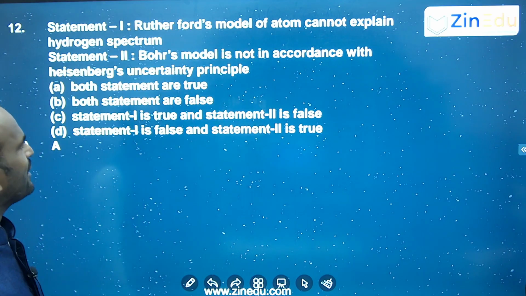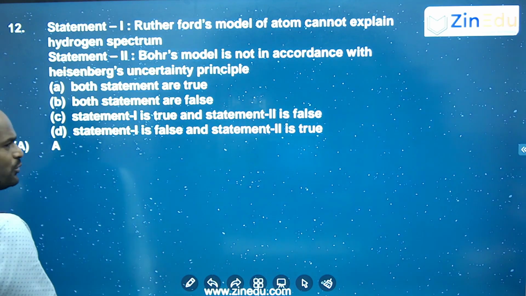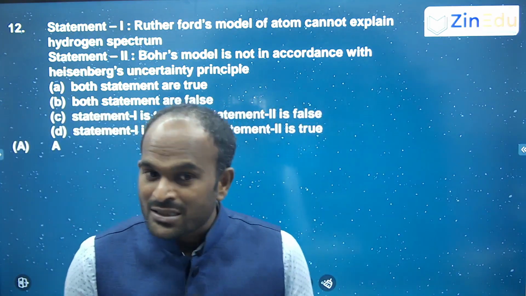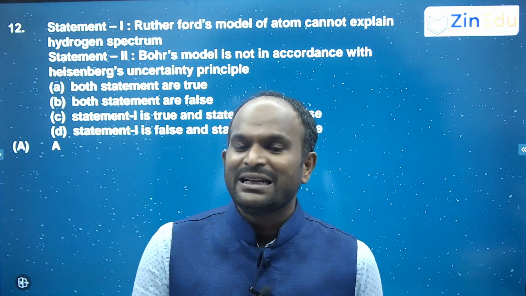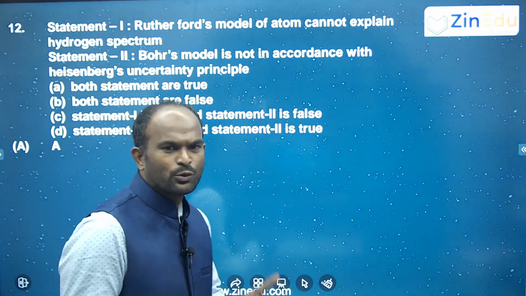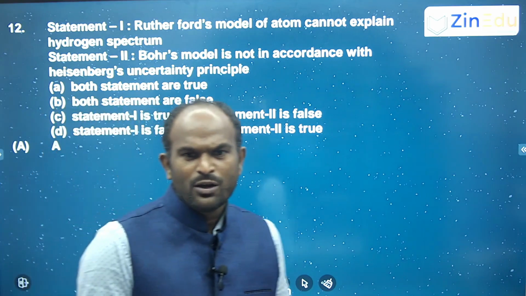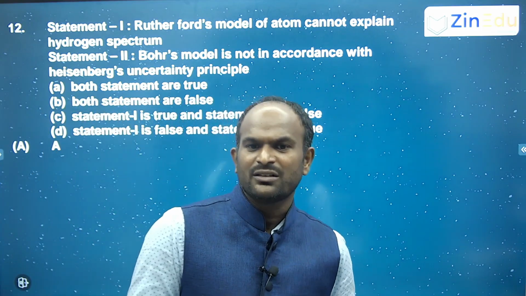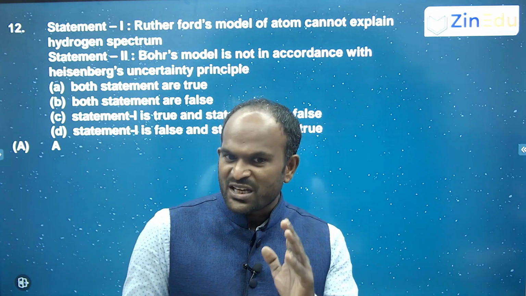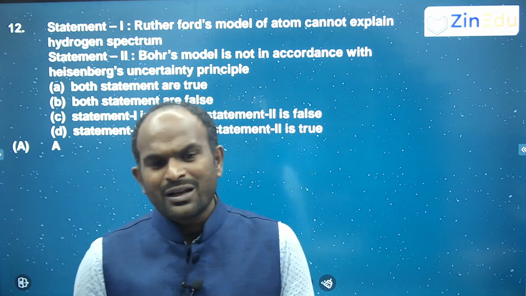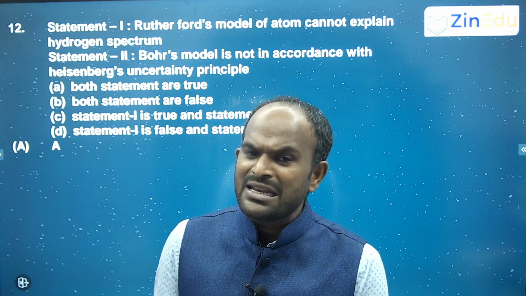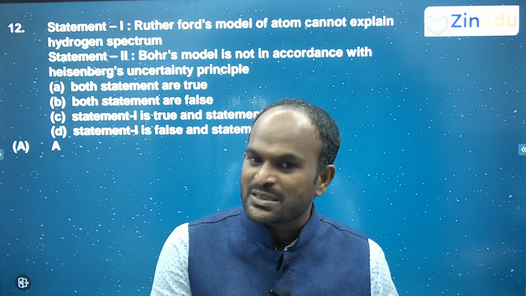Rutherford's model of an atom cannot explain the hydrogen spectrum. Absolutely. Rutherford's atomic model doesn't discuss anything about the spectrum. It is unable to explain the spectrum. That's the first drawback of Rutherford's atomic model. And second, Bohr's atomic model is not in accordance with Heisenberg's uncertainty principle. Absolutely true. Bohr's atomic model has excellent agreement with de Broglie, but it has no agreement with Heisenberg's uncertainty principle.